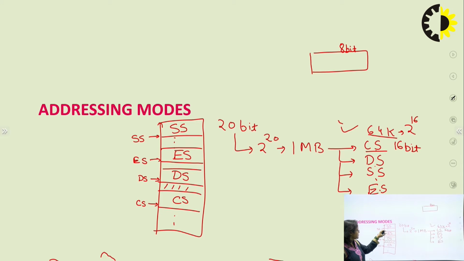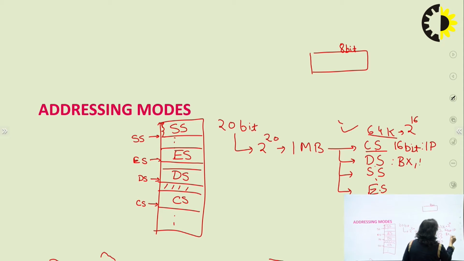Now, the starting address is specified in the segment register, which is 16-bit, but within this segment, the offset address is specified in index or pointer registers. With the code segment, the instruction pointer is used. With the data segment, BX, the base register, or the base pointer is used.